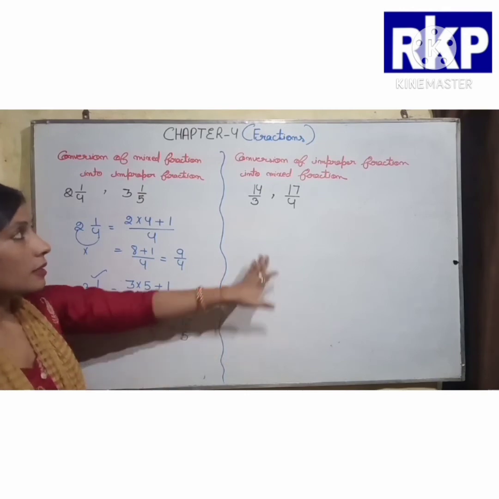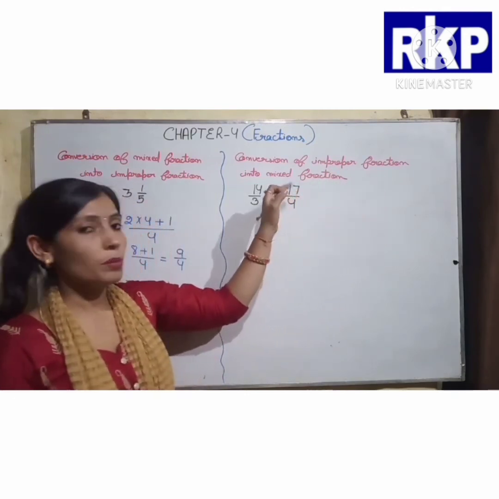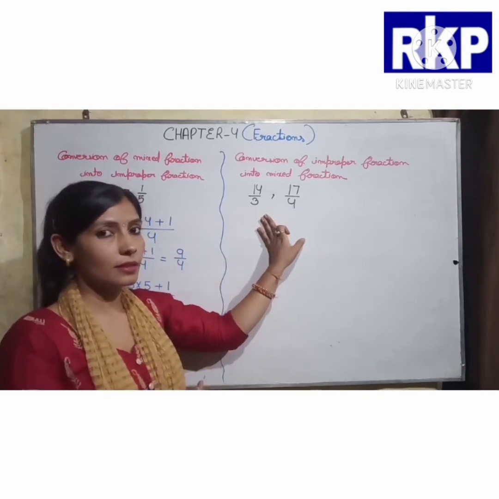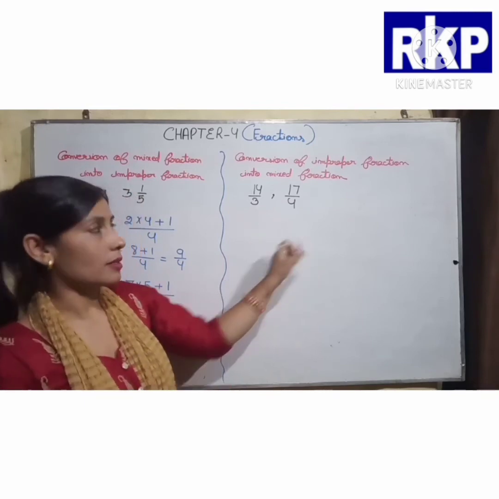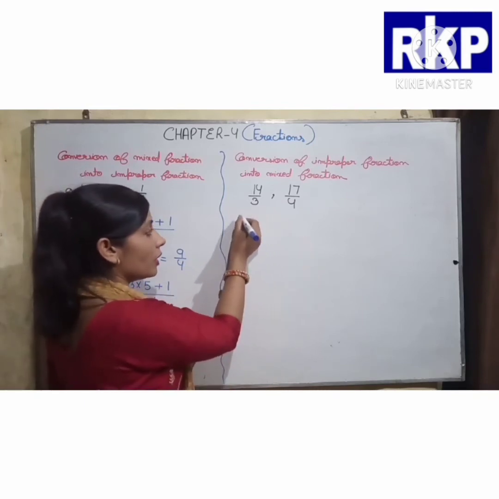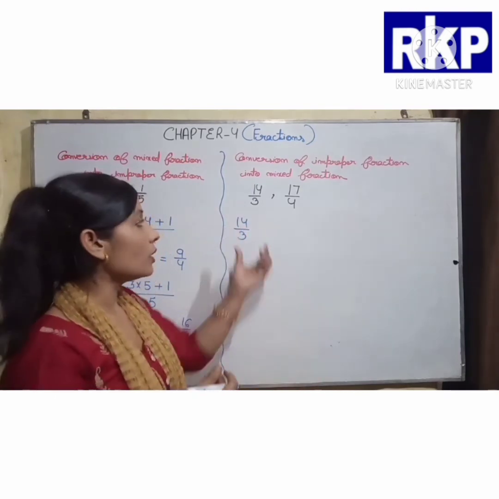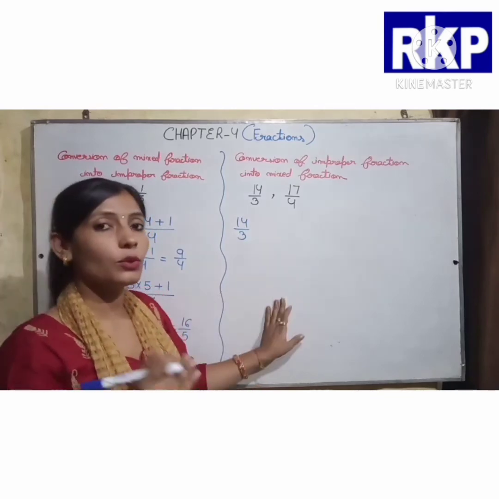Now let us see how we can convert an improper fraction into a mixed fraction. Here we have two improper fractions and we want to convert these into mixed fractions. So beta, here we have 14 by 3. What will we do to convert into a mixed fraction? Here we need to divide.